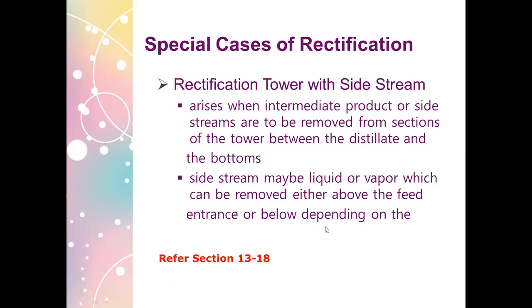Now, this arises when intermediate product or side streams are to be removed from sections of the tower between the distillate and the bottoms. So the side stream may either be in the form of liquid or vapor, which can be removed either above the feed entrance or below, depending on the composition so desired. Now, you can read more on this in section 13-18 in your handbook.